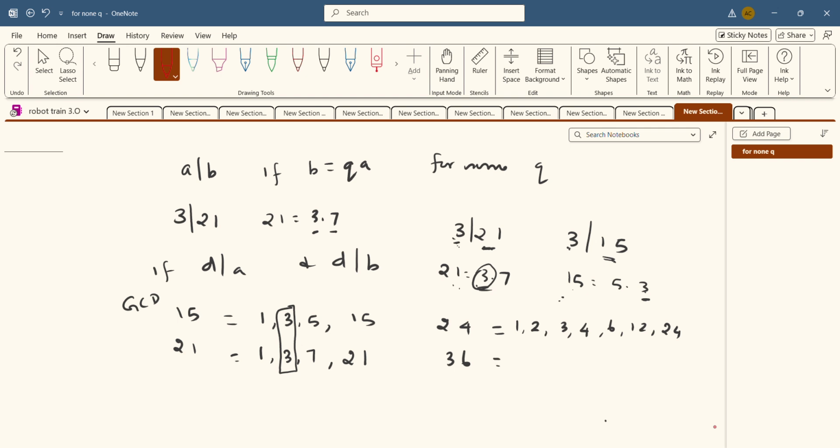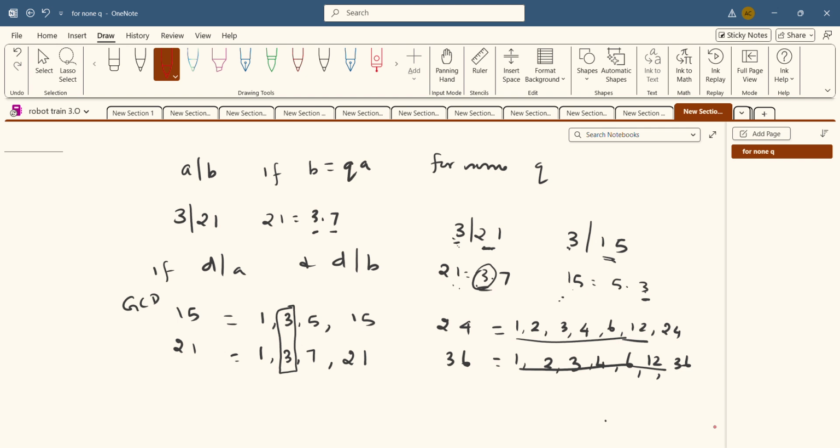Similarly, you can write the divisors of 36: 1, 2, 3, 4, 6, 12, 36. Among these, 1, 2, 3, 4, 6, 12 are common divisors of 24 and 36.